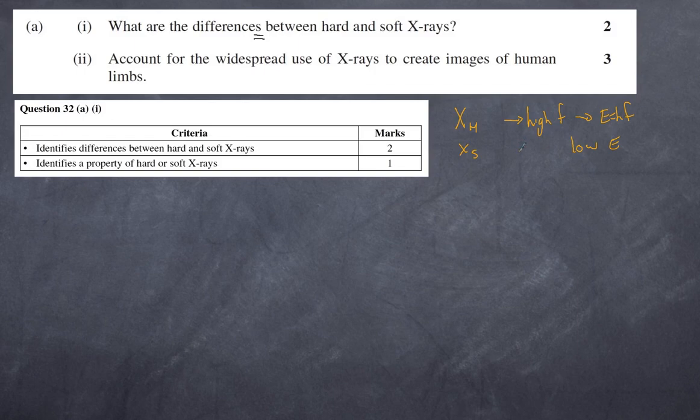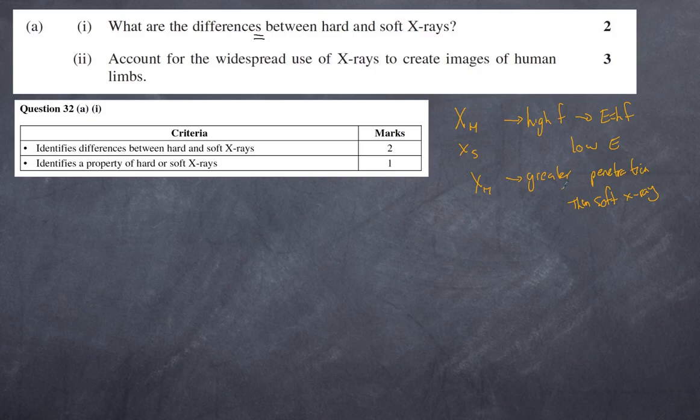Another aspect of hard and soft X-rays is that the hard X-rays basically have greater penetration than soft X-rays. Now notice here, I could say hard X-rays have greater penetration, soft X-rays have less penetration. Because I'm mentioning greater penetration than soft X-rays, I've clearly differentiated between the two.